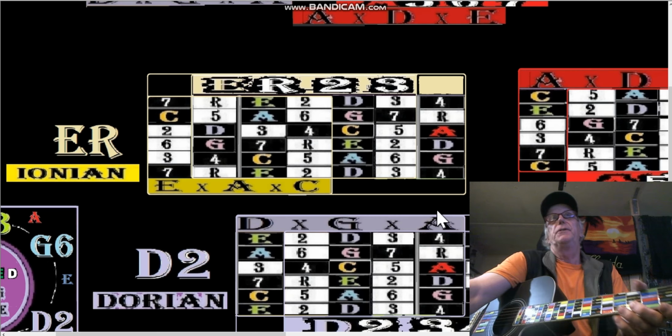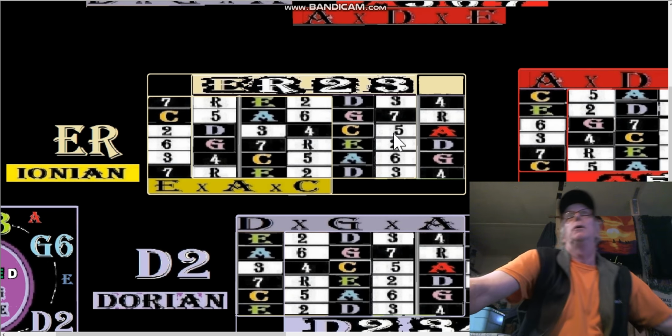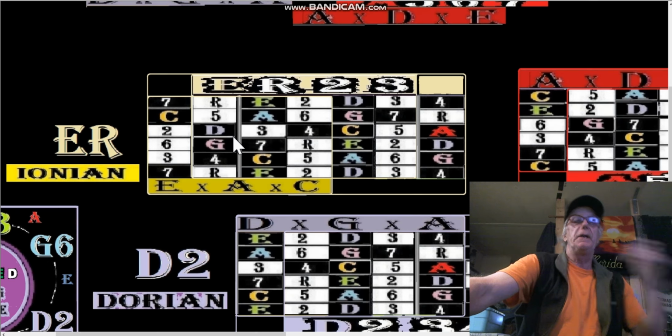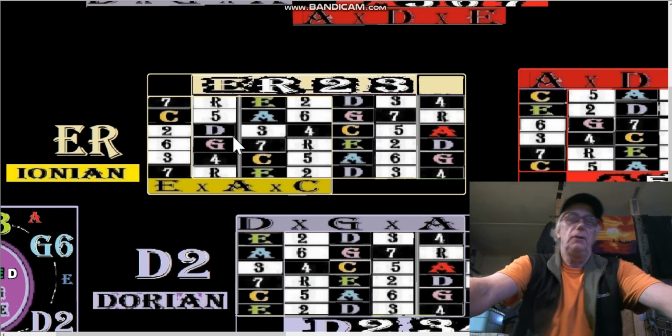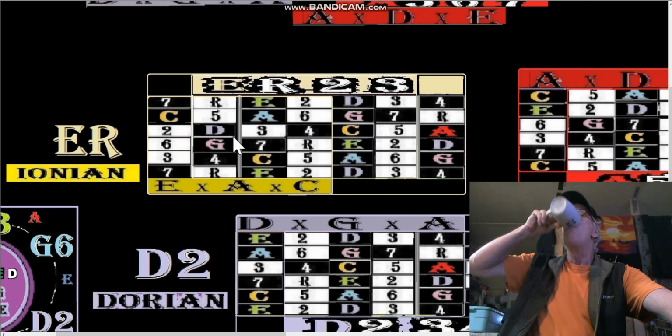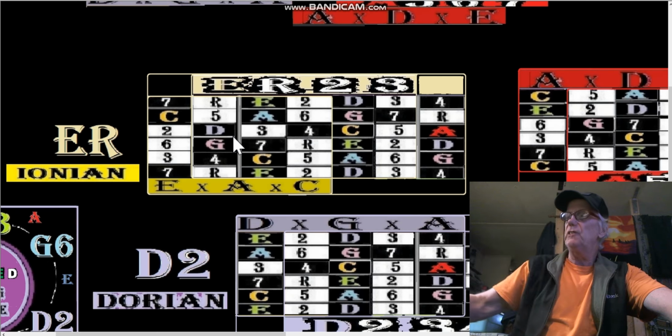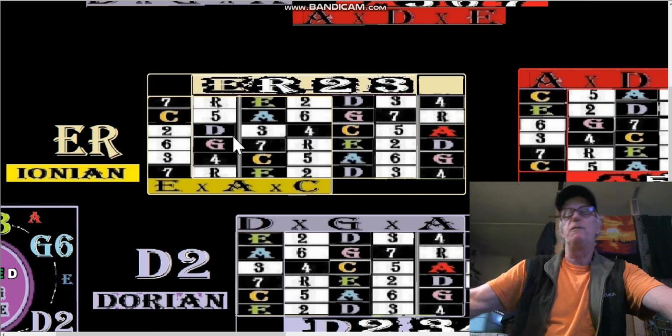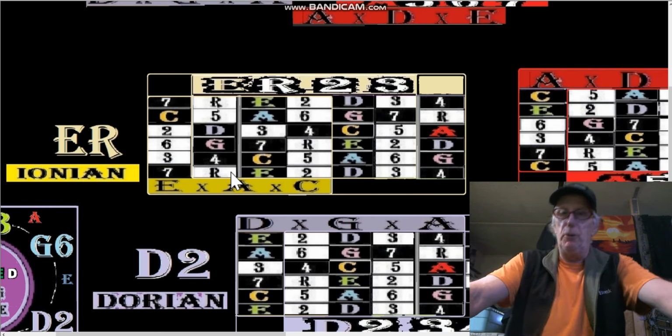So we'll get to the Aeolian box as we go along. We're not done with the Ionian box. You see how it takes a little longer to get through all of this than people think.